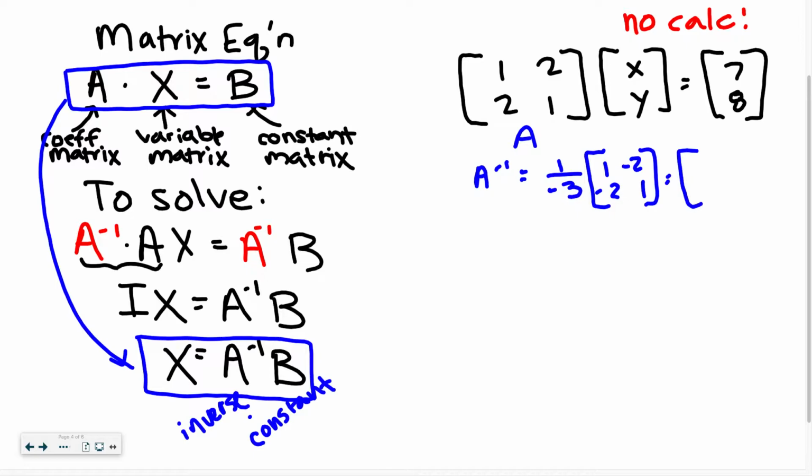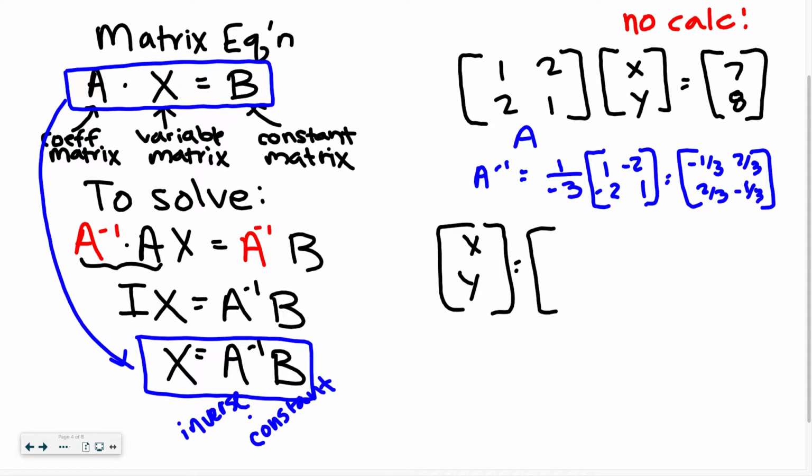So I think my inverse will be negative 1/3, positive 2/3, positive 2/3, negative 1/3. That's what we did on the last page. Find the scalar, distribute it.